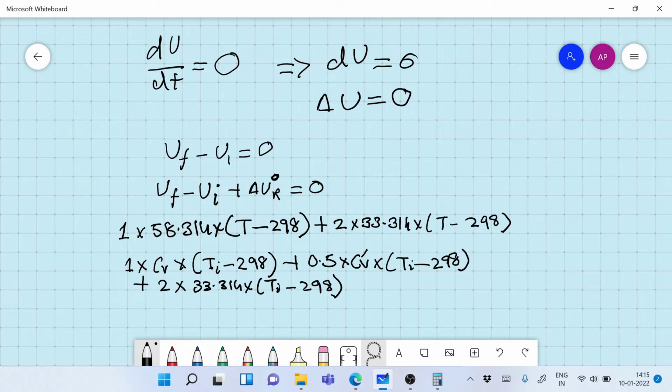This will be written for the initial moles of nitrogen that we have, plus delta U 298 is equal to 0.